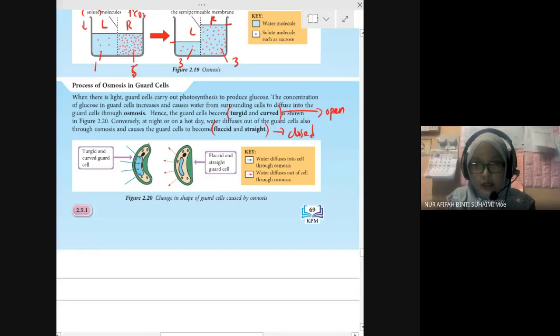This one becomes turgid and curved because of a lot of oxygen or water. In this one the water comes out, carbon dioxide or oxygen is removed, so it becomes flaccid. The volume decreases, while in this one the volume increases. That is the difference.